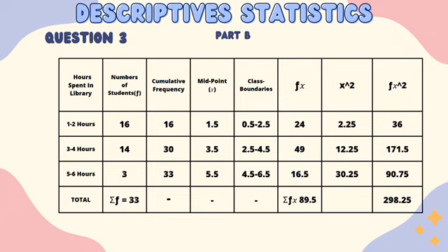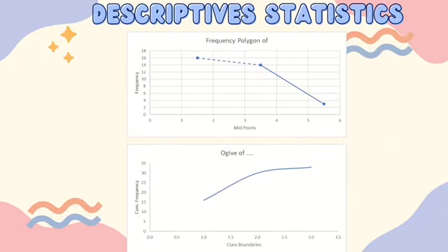As before, we also did some calculation from the data we got to find the terms shown in the table. From the terms we also made a frequency polygon and Ogive graph. On the next slide, we can see the graph. By making a graph, it is easier for us to see the distribution of the data obtained.